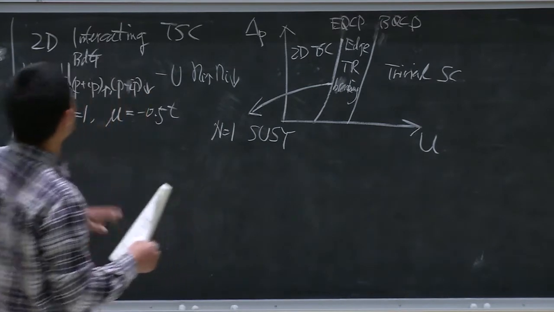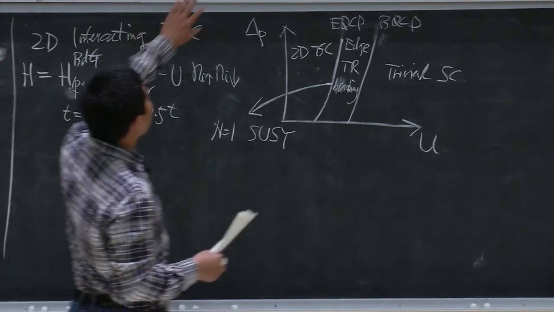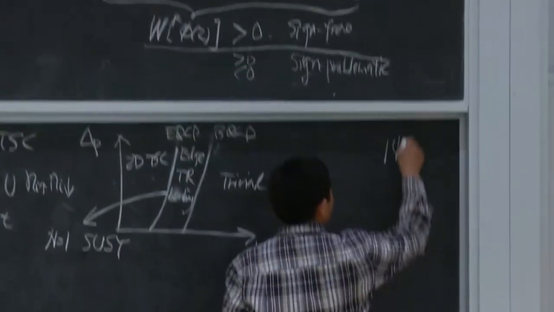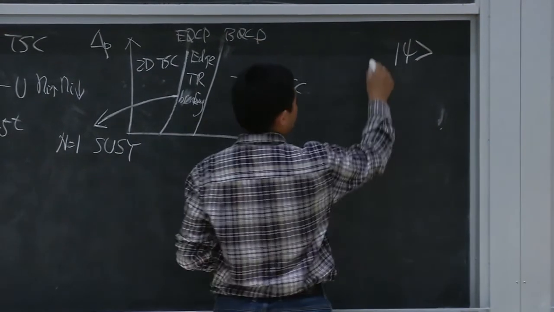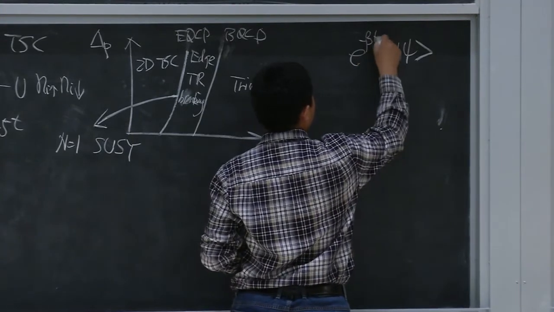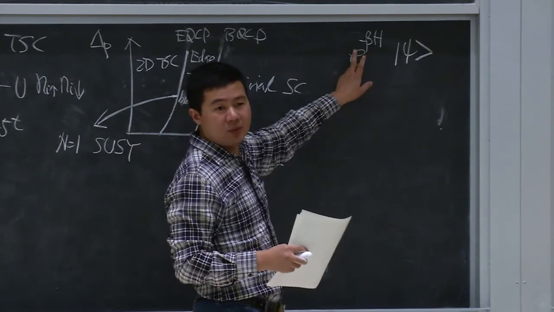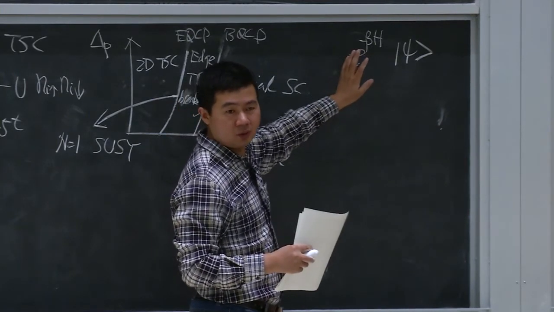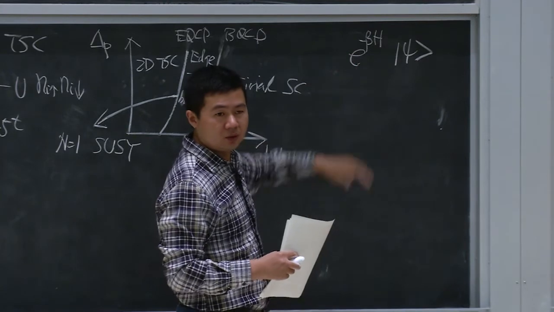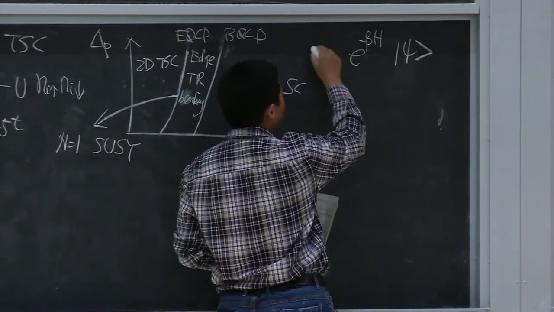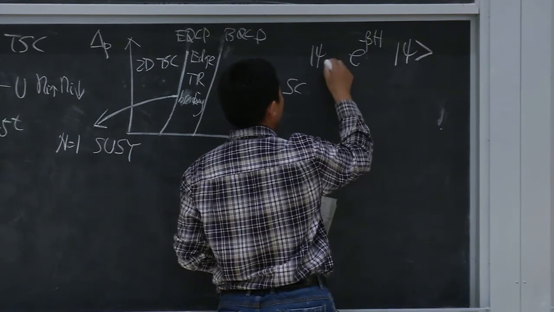Instead of studying the trace of e to the minus beta H, for projector quantum Monte Carlo you choose some trial wave function and then use this projection operator. Here, beta is not a temperature; it's just a projection parameter. When beta is sufficiently large, the system will be projected to the true ground state.